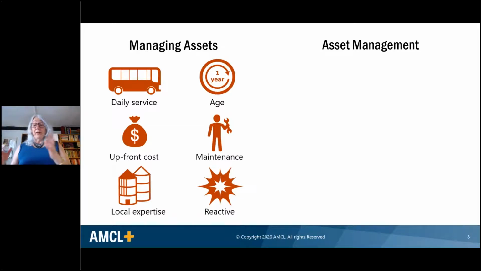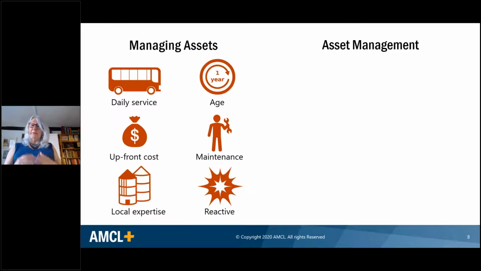We can make sure that our service is working. If we didn't make sure our service is working every day, we wouldn't still be in business. So we know that we can make it all work. We've put a lot of work into working out what assets cost up front, not just what they cost to buy, but what it costs to construct, especially complex projects. We've got a lot of local expertise, and we don't just mean physically local, but also specialist knowledge that's absolutely invaluable.